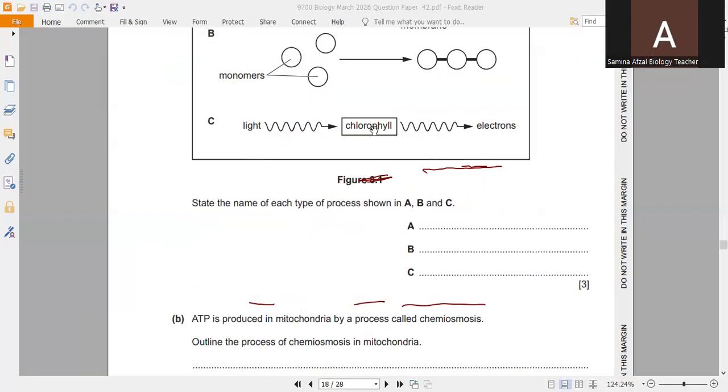A is active transport, in which energy is required when molecules move from their lower concentration towards the high concentration, so they use energy.